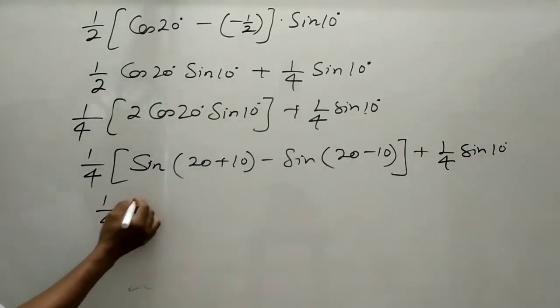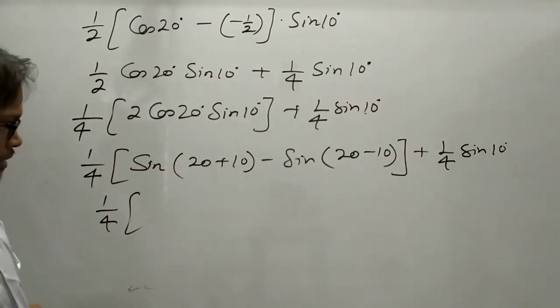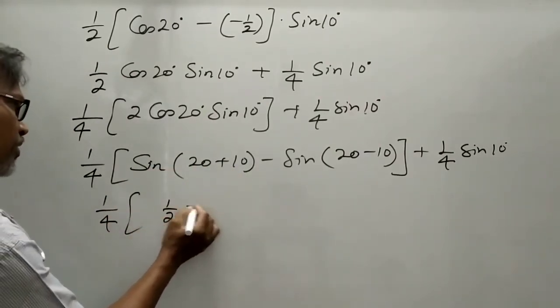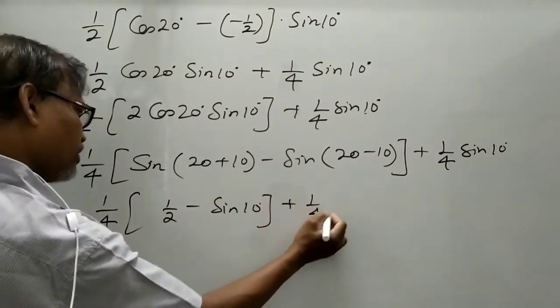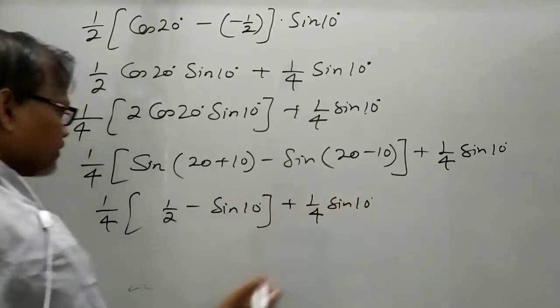As you know, this value is sin 30, and sin 30 is equal to 1 by 2, minus sin 10. You can write plus 1 by 4 sin 10.